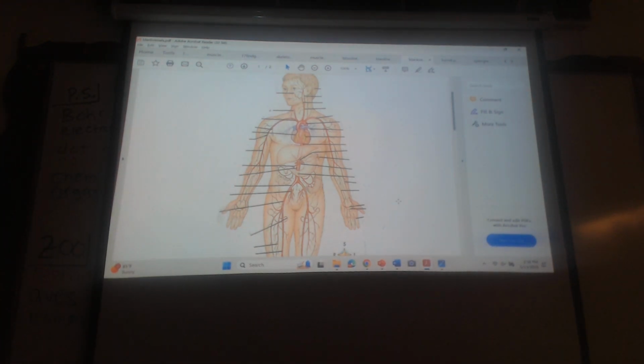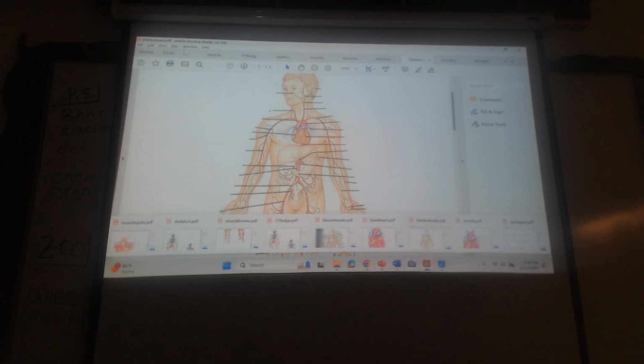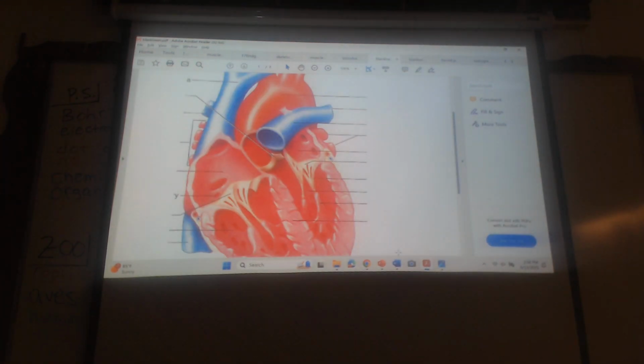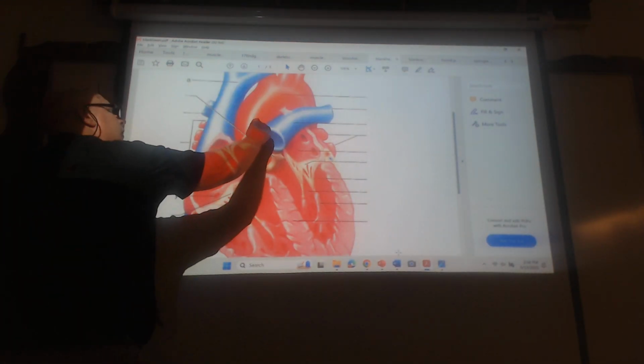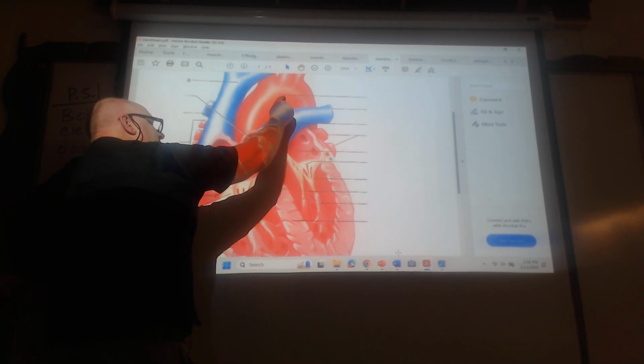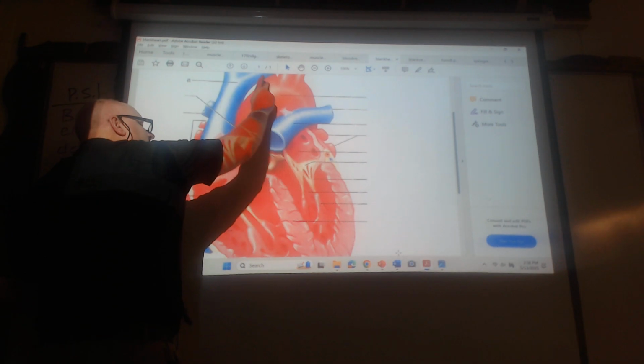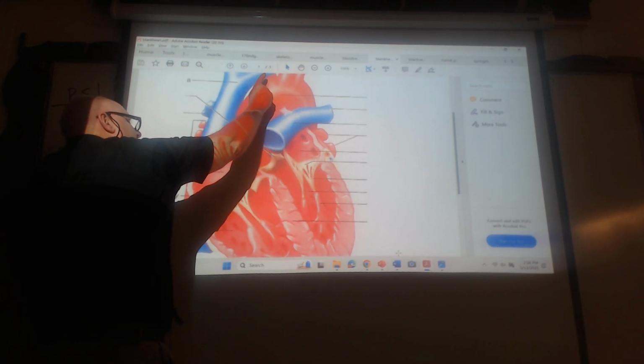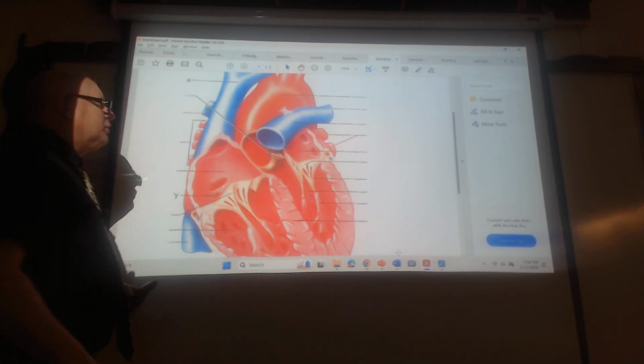Because we talked about that yesterday, because it's something that you would find right here. This is your aortic arch. And what happens is this actually branches off. This starts with a B as well, but it's not brachial. It's brachiocephalic.